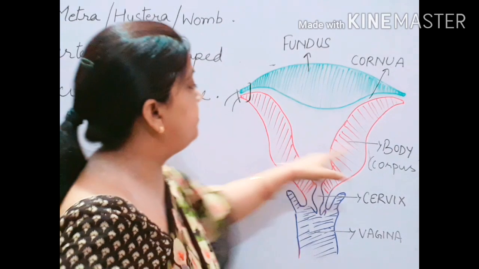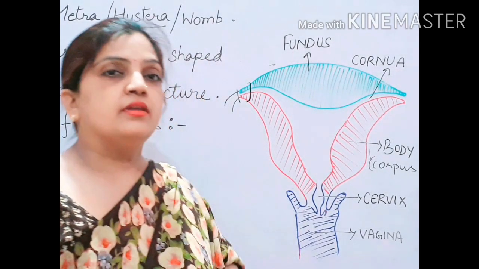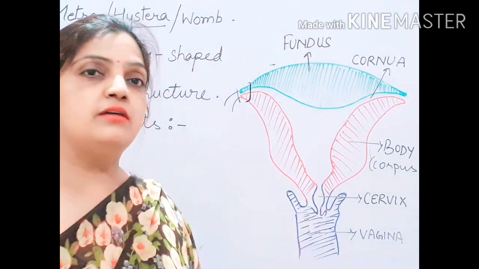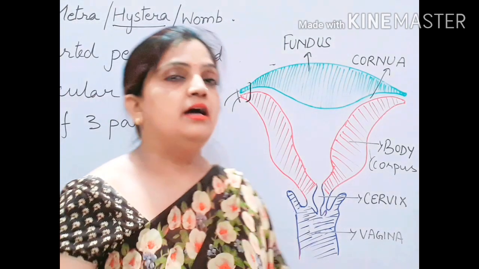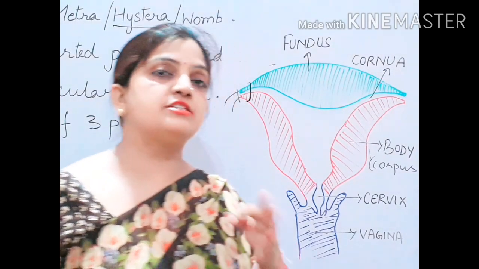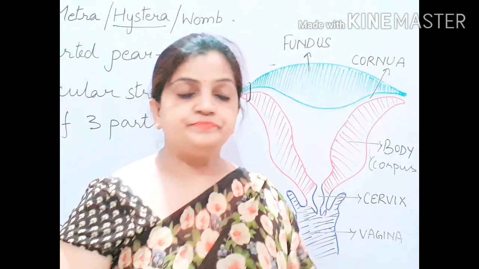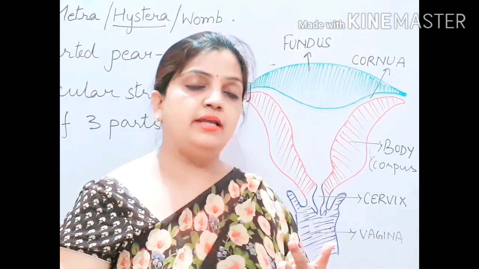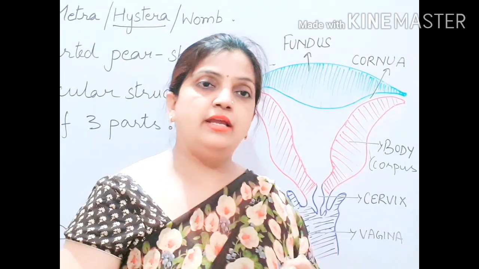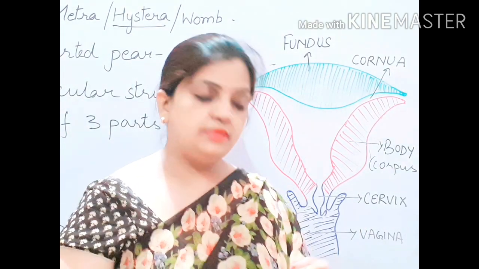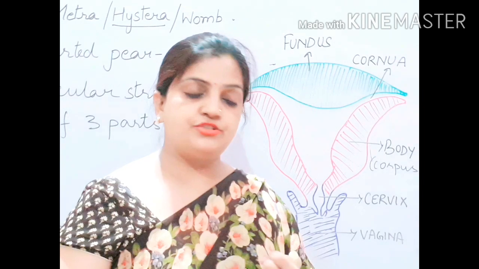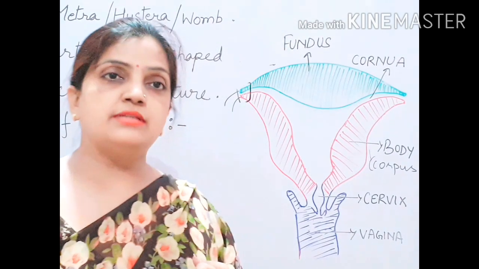When I explained the whole structure of the uterus, I told you that the uterus is made up of three muscular walls, three muscular layers. The outer layer was perimetrium, the middle layer was myometrium and the inner layer was endometrium.